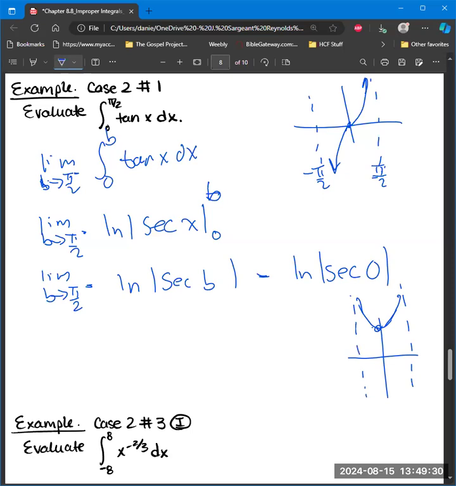So negative pi over 2 to pi over 2 is going to go to infinity here. So this is infinity, because ln of infinity is also infinity, minus 0. That's infinity, and it diverges.